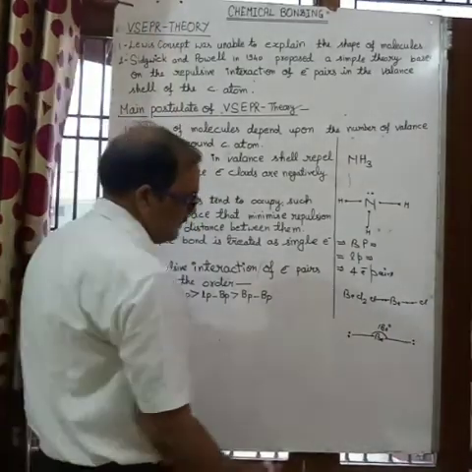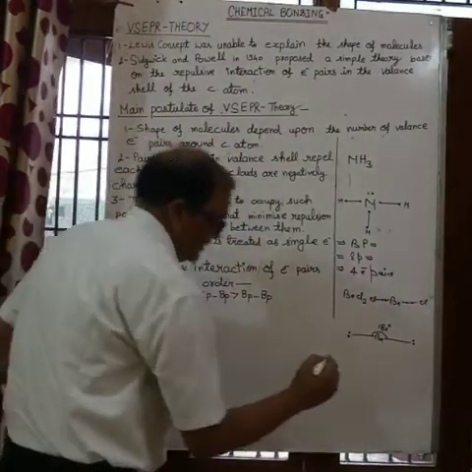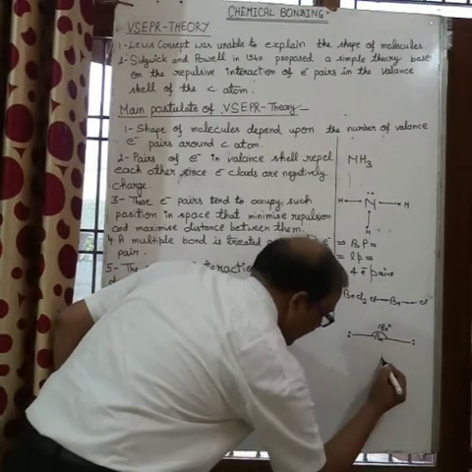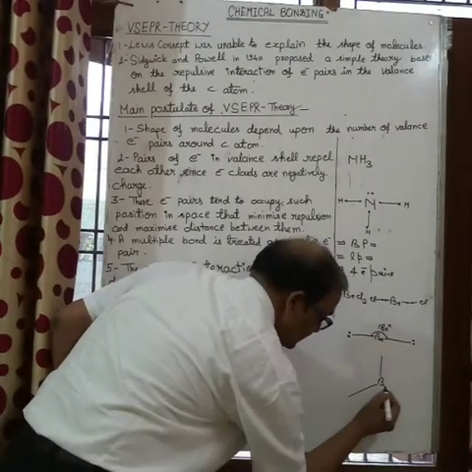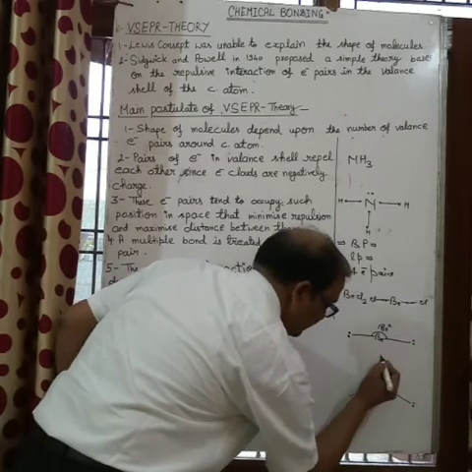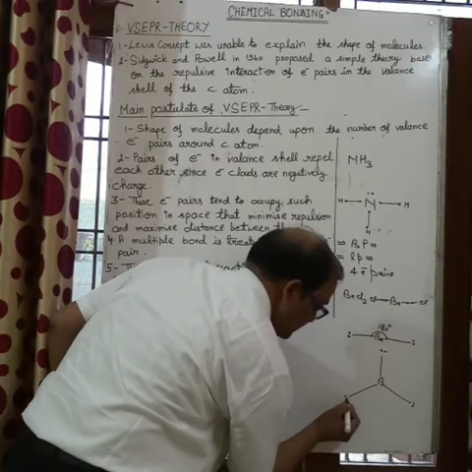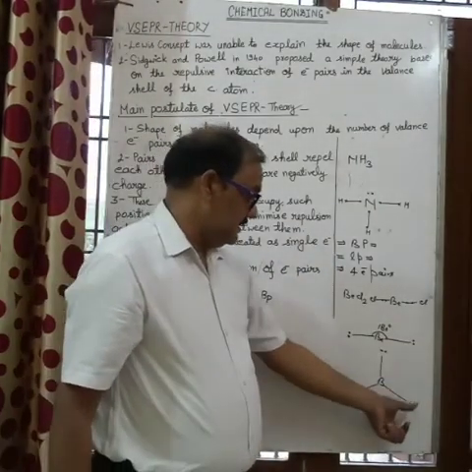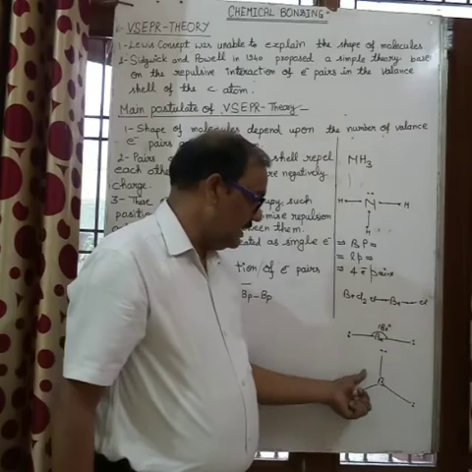Similarly, if three pairs of electrons are present, suppose B is the central atom, then it is possible if these three pairs of electrons are present in a trigonal plane with 120 degree bond angle.